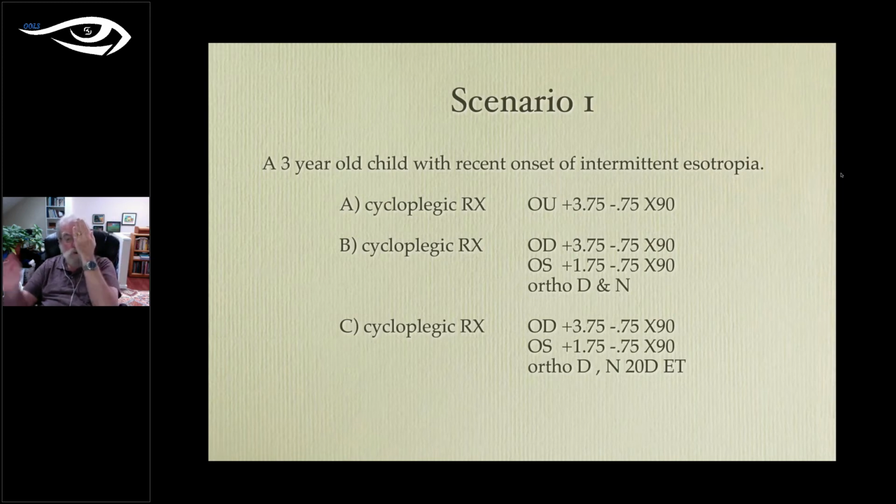So if you cover this eye and the child does this, you've got a pretty good indication that this eye is an amblyopic eye. Child doesn't like the patch in front of the good eye. So the child's going to try to either knock it away or turn the head away like that. So that gives you a qualitative assessment, which is really all you need to know at this point in time.